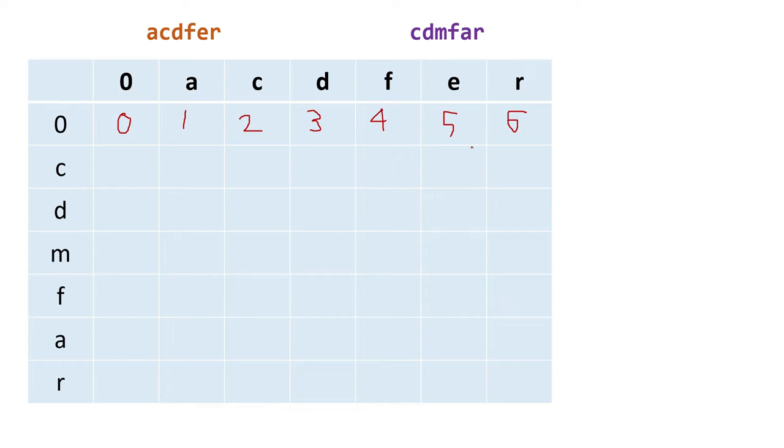Similarly, if my first string has 0 length and the other string has length 1 and the character is C, I have to delete 1, then for CD 2, then for CDM 3, and then 4, then 5, and then 6, right? So the first row and first column we have already filled up.